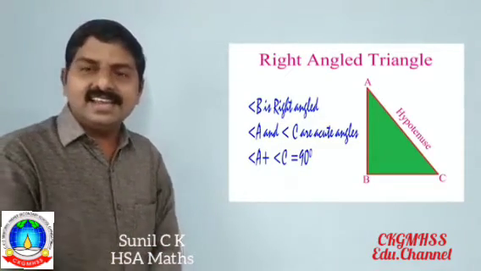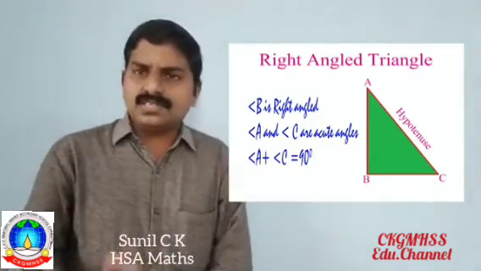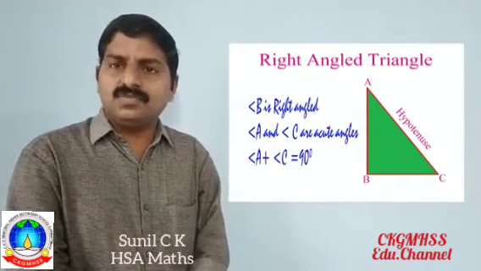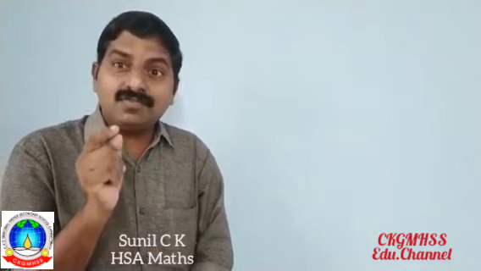Okay. Then using these concepts, we have to draw a right angled triangle, but with one condition: the length of the hypotenuse is equal to 7 centimeters.